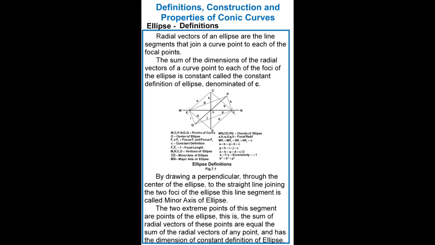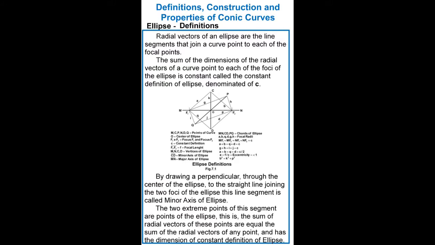The line segment connecting the two focal points of the ellipse is called the major axis of the ellipse. The center of the ellipse is at the center of the line segment joining the two focal points F1 and F2.